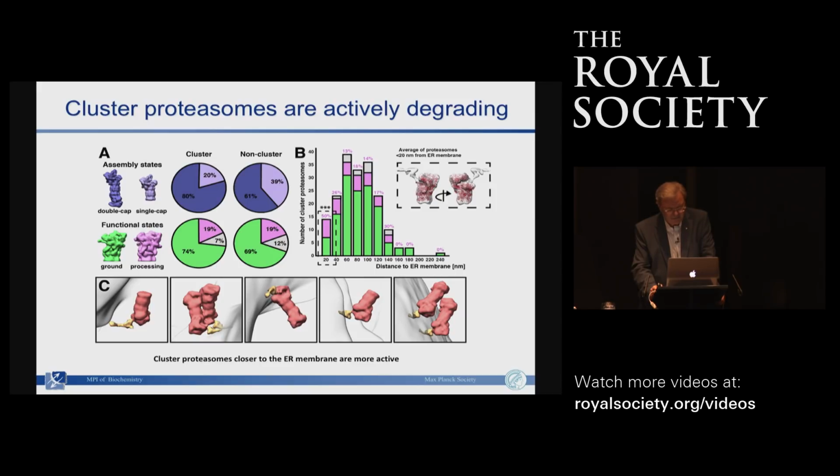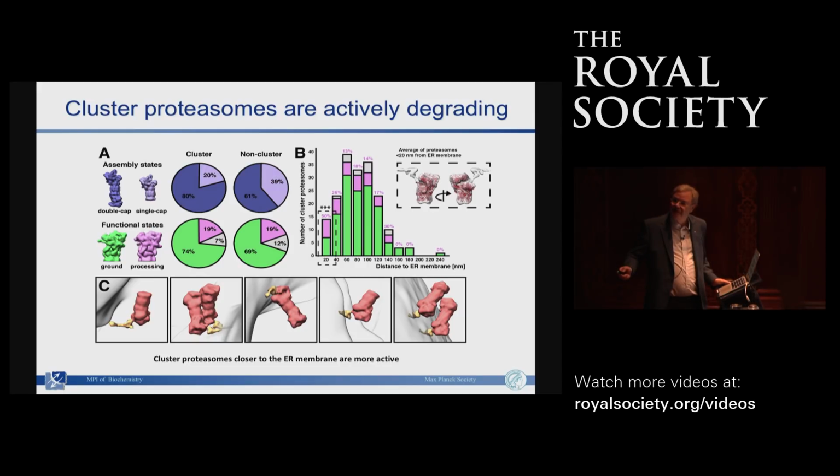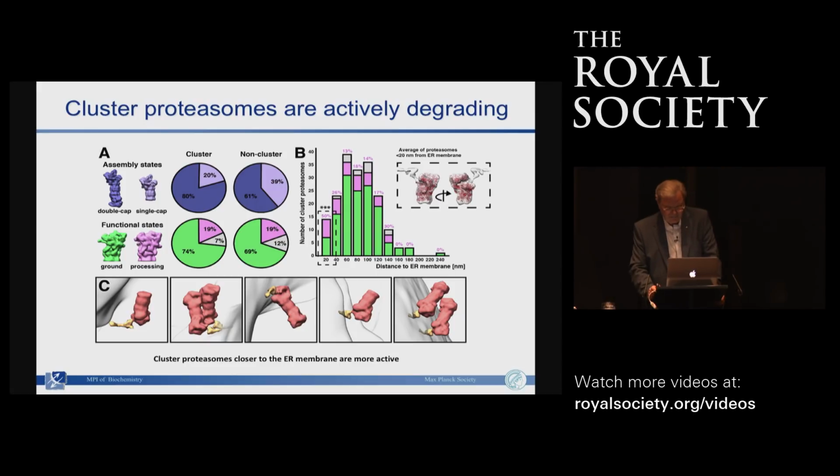However, if you take a closer look at the proteasomes which are in immediate vicinity of the ER membrane, then the fraction that is in a substrate processing state is much higher. It's roughly 50%. A little bit further away, it's still relatively high. And then the remainder is about the same level as outside the clusters.